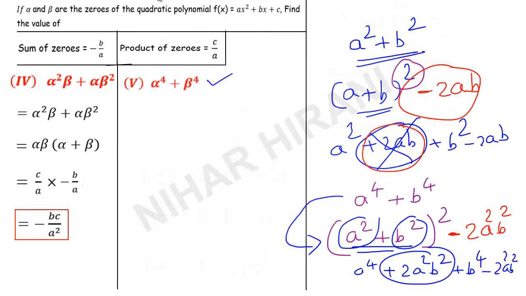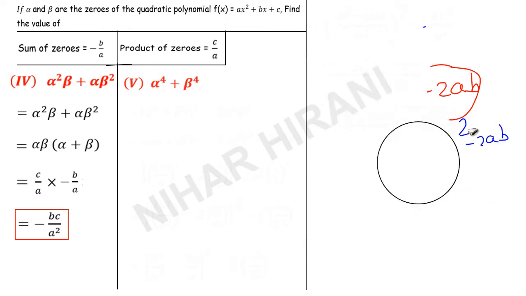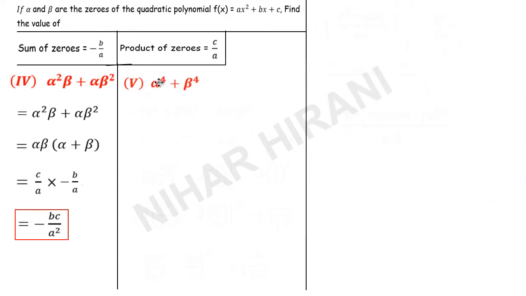This is a bit messy, but I tried to explain as clearly as I can. Now if you have understood this clearly, you will understand this also. So here I wrote alpha square plus beta square. I am just rewriting this information whole square, but here it's not whole, so if I want to remove the effect, I will do minus 2 alpha square beta square. Now I will further simplify this.